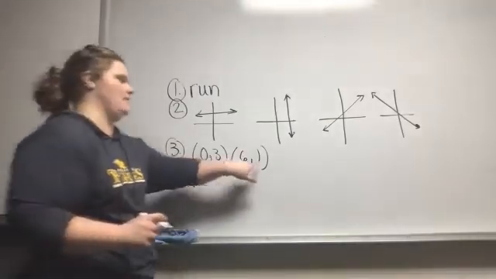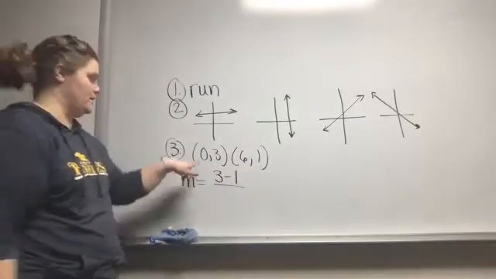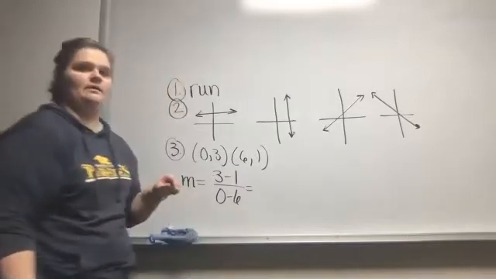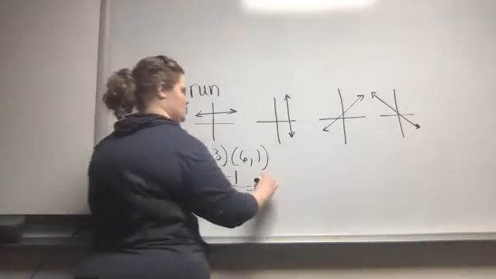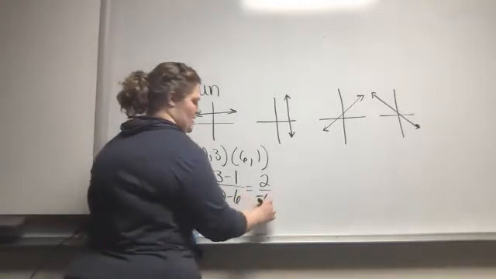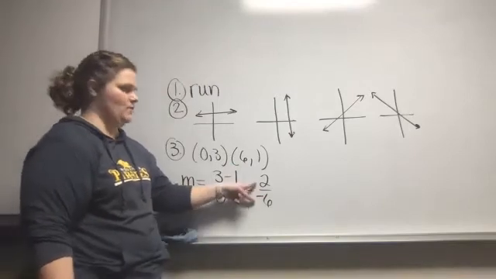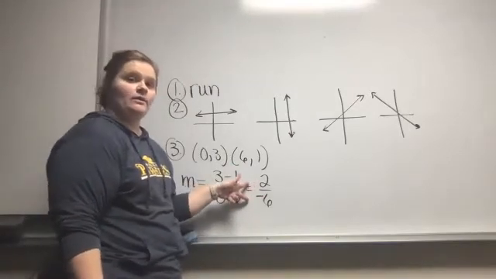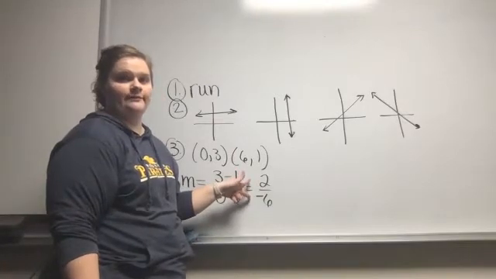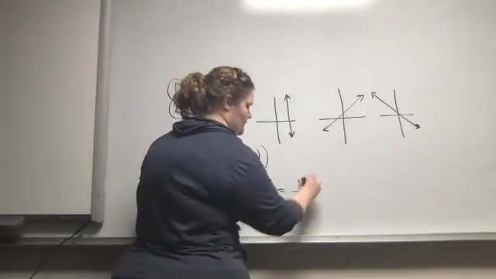So 3 minus 1 over 0 minus 6. 3 minus 1 is 2. 0 minus 6 is negative 6. Okay, we need to simplify this if we can. What goes into both 2 and 6? A 2, right? Okay, so I'm going to take out a 2. That would be 1 over negative 3.